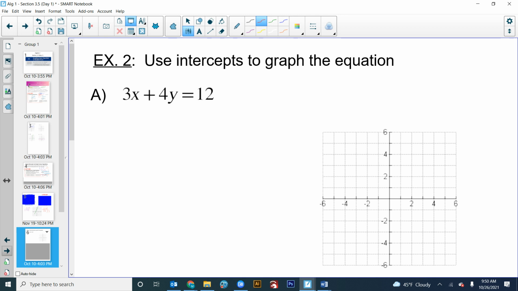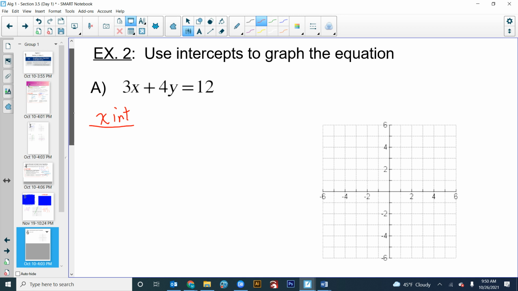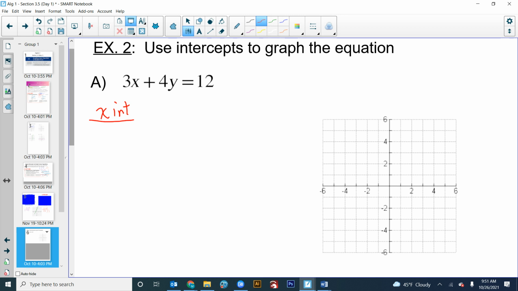Focus, guys. Pay attention for the next 10 minutes or so. This is really, really important. Okay. I always get the x-intercept first. It doesn't matter, though. Okay, x-intercept. In other words, guys, see this equation right here? It's an equation of a line. We want to graph it.